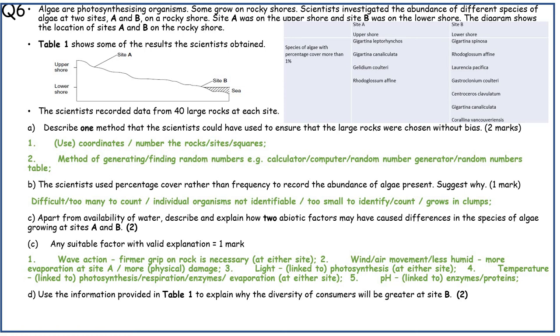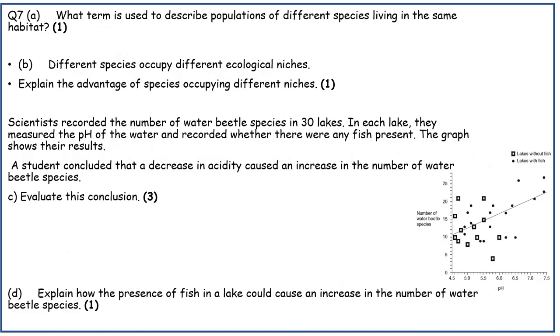Use the information provided in Table 1 to explain why the diversity of consumers will be greater at Site B. There will be a greater variety of food or more food sources, more variety of habitats or niches. Question 7.